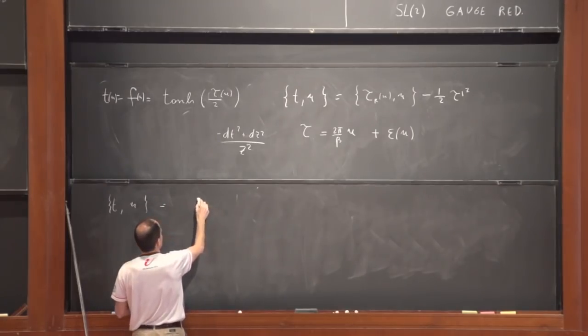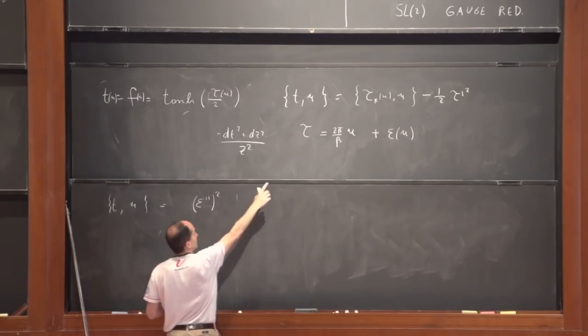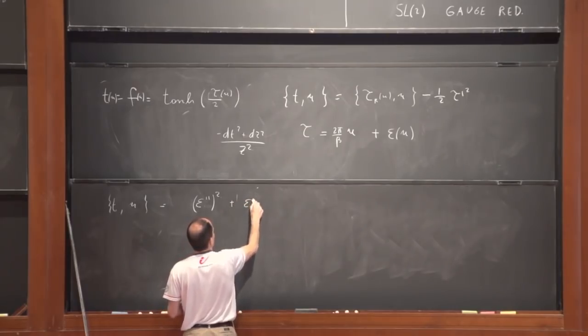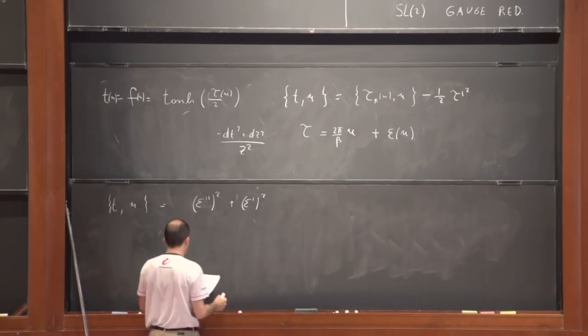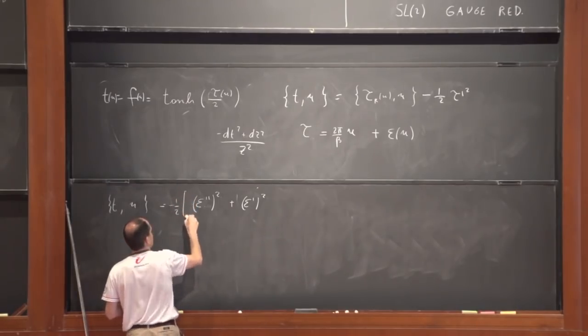So there is a term with 4 derivatives that comes from the first term over there, and then a term with, okay, we have minus 1/2 this. So this is the action.